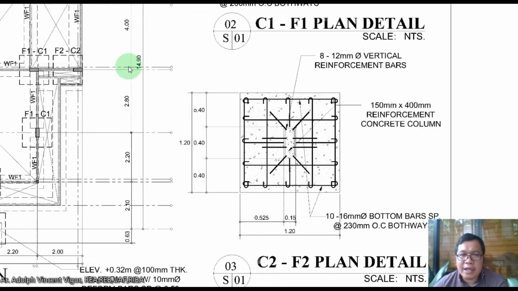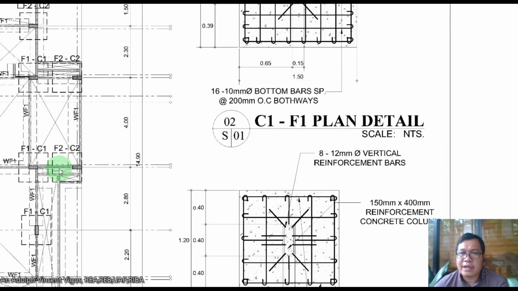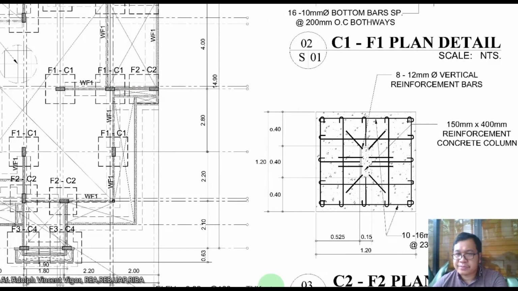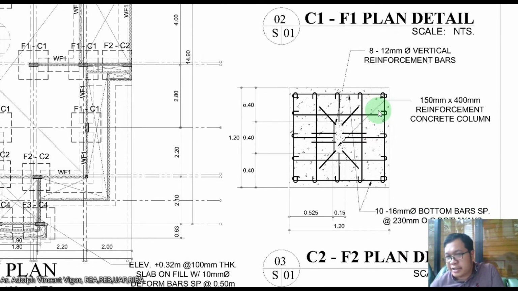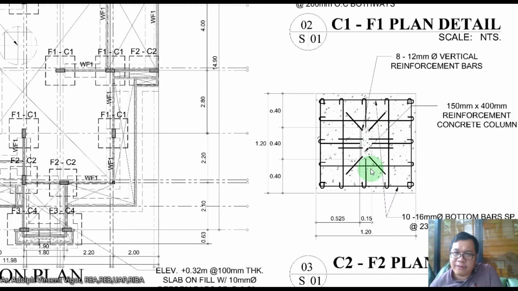It's still 12 millimeter. So the dimension, class, is the same at 0.15 by 0.4, but the difference is in the vertical bars.